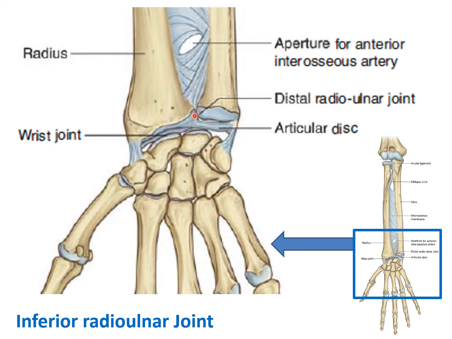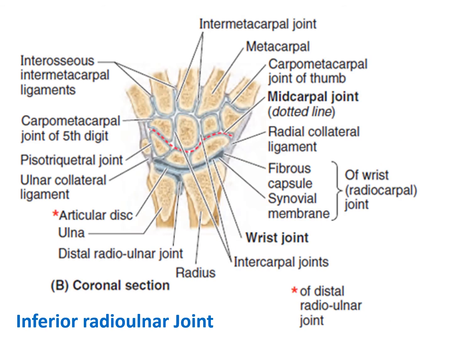And if you see here, a disc is present between the carpal bones as well as the ulna, and this is known as the articular disc of the inferior radioulnar joint, along with the wrist that we are going to discuss later. So here you can see the distal radioulnar joint again and its joint cavity, and here you can see the articular disc, this one.